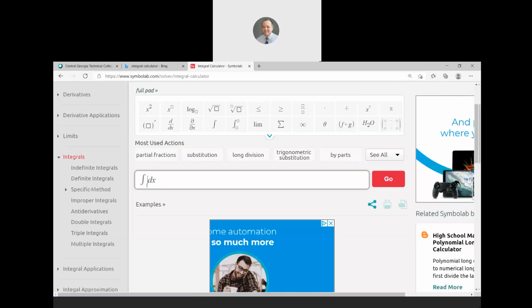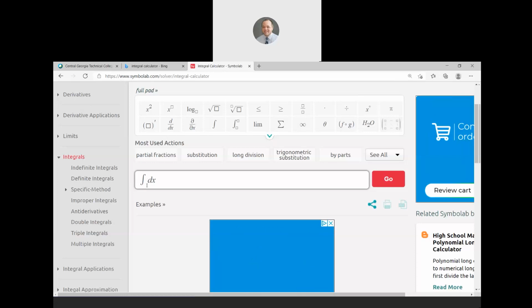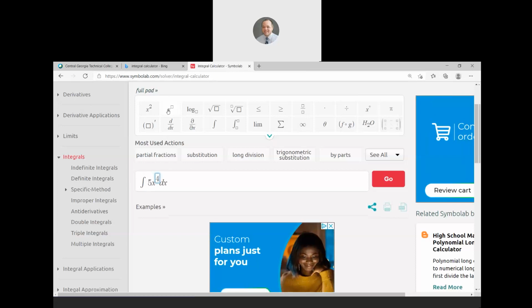All you have to do is type in your problem. So our problem is 5x to the fourth power times e. E is being raised to the negative 4x power.